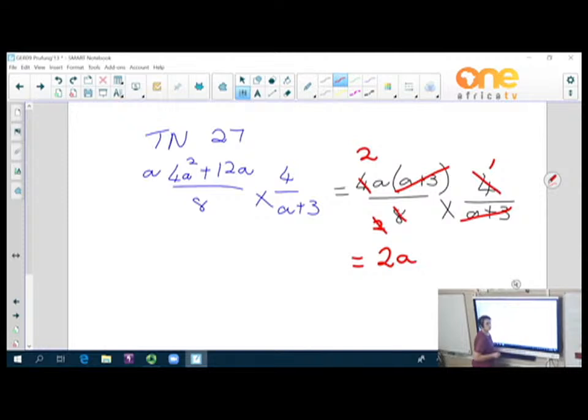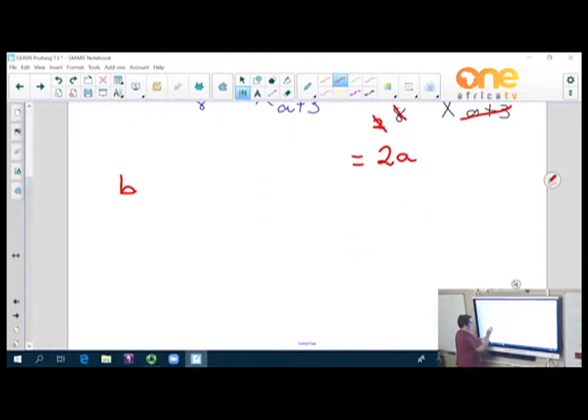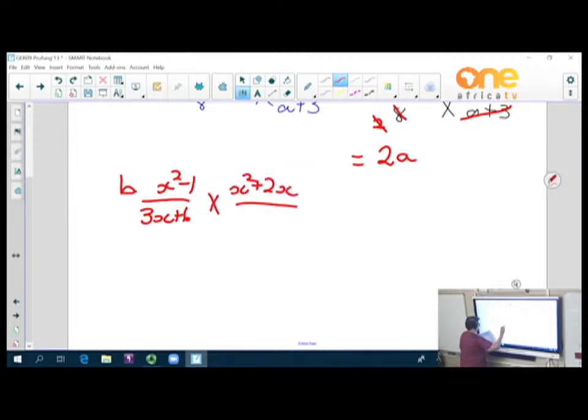So this one's answer is 2a. Number B. X squared minus 1 over 3x plus 6 times x squared plus 2x over x minus 1.